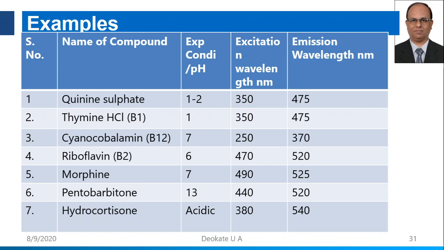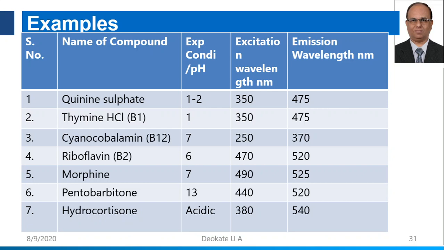We are doing the quinine sulfate determination in the laboratory. So we have to work with 0.05 molar H2SO4, that is within the pH range of 1. The excitation wavelength is 350 and the emission wavelength is 475. The same is for thiamine hydrochloride.